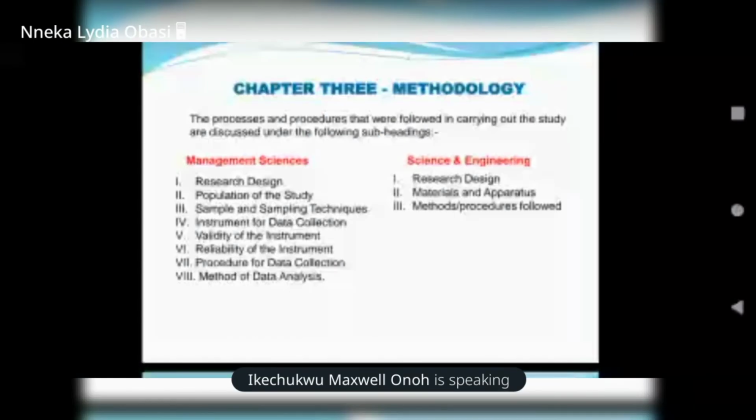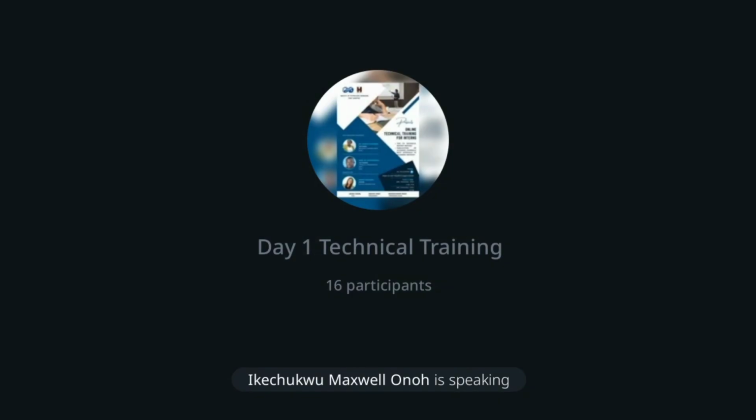If you are using 3 variables and you want to do optimization, we have a lot of softwares now, like Design Expert, MATLAB, and a whole lot of them that can help you in establishing your research design.